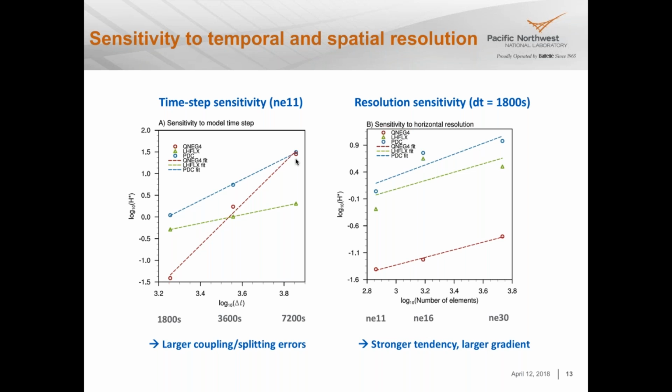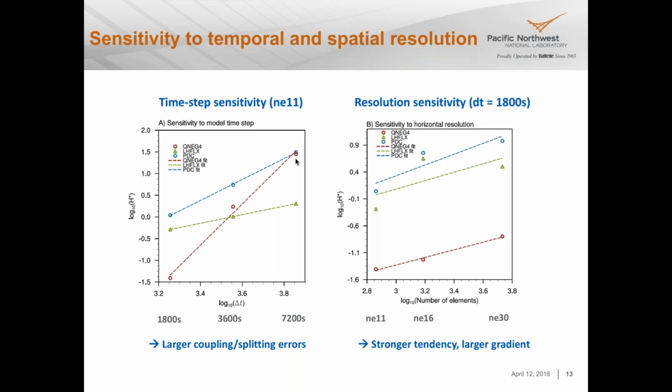So for the time step sensitivity, if we increase the time step, we will have large coupling and splitting errors. This is true when you see the figure, that when we have larger time steps, the error is larger.